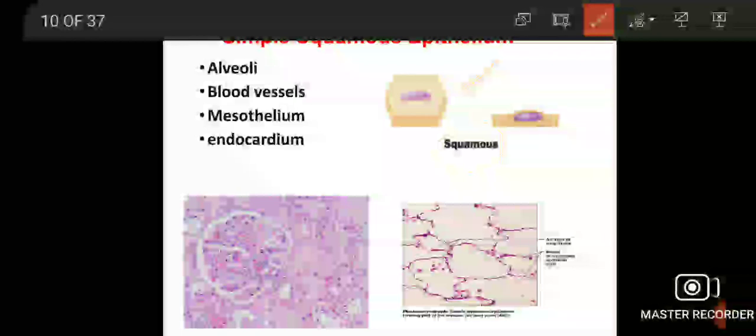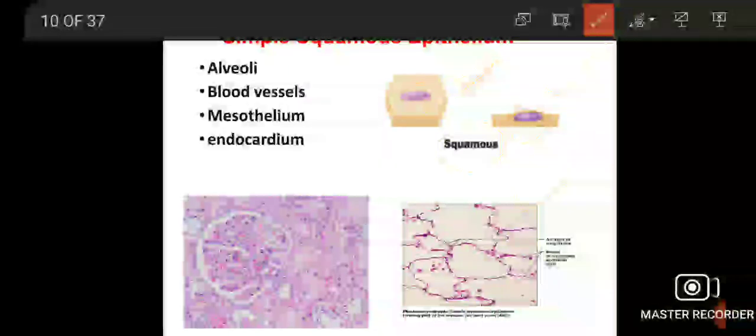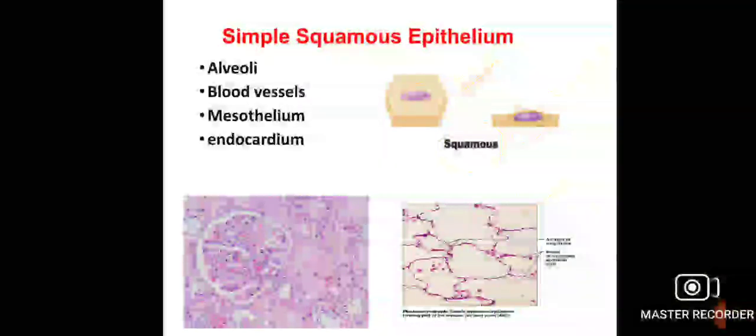And when we see the perpendicular section, we can see these are spindle-shaped flattened cells which have a flattened nucleus. This is the flattened nucleus. This epithelium is also known as the pavement epithelium.